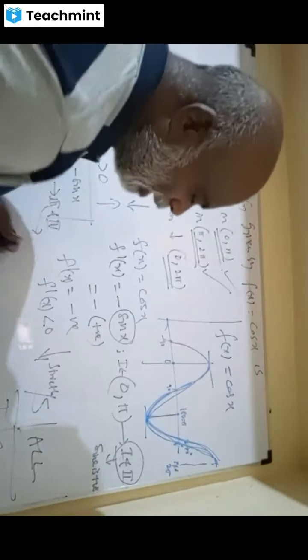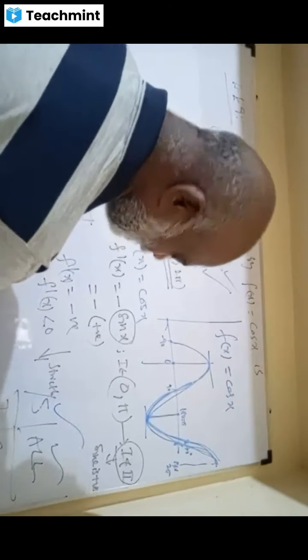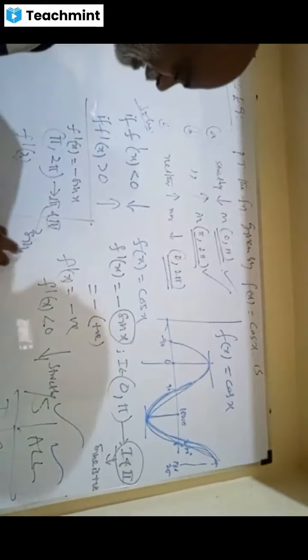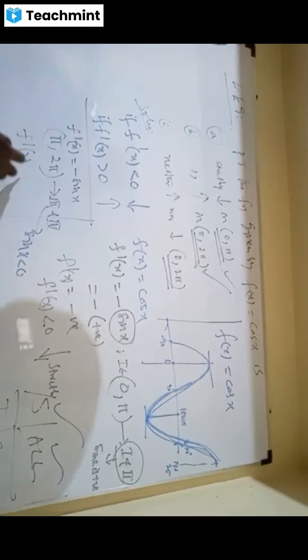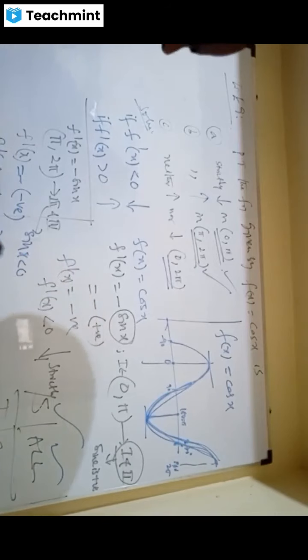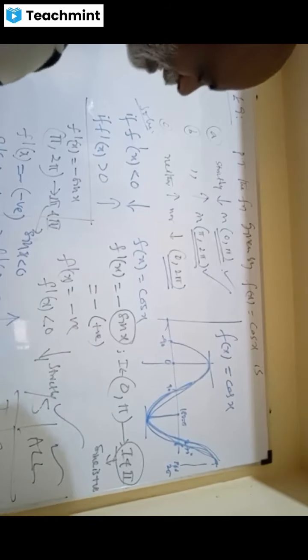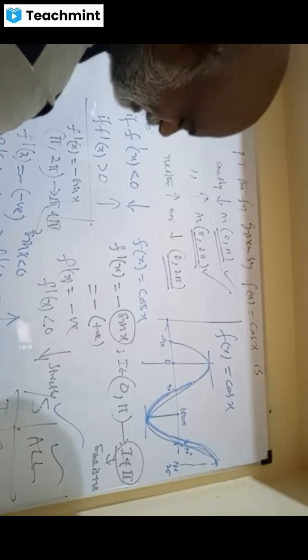Therefore, sin x is negative. F dash x is minus sin x. Sin x is negative, negative into negative is positive. F dash x is positive, which implies f dash x is greater than 0. That means it is increasing.